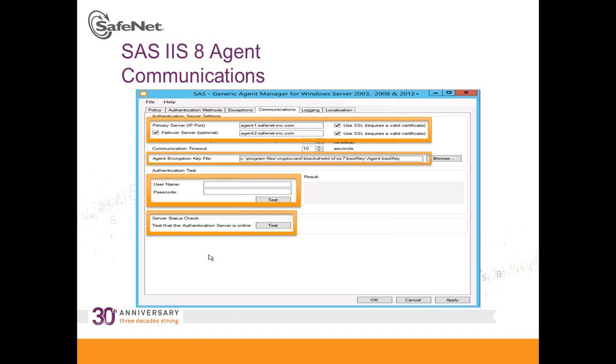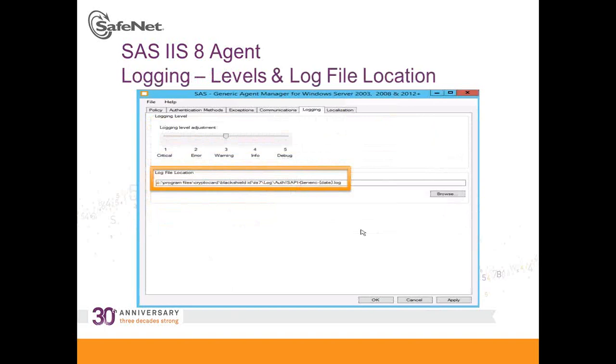We have our key file, which is important because it's the encryption between the agent and SAS. We also give you the ability here to do some tests, so you can test the authentication between the agent and SAS, and we can also check the server status of SAS. We have our logging levels, 1, 2, 3, 4, 5, with 5 being debug.